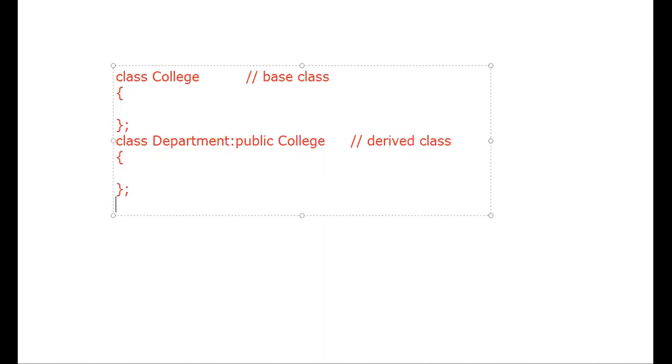And third, which class will we consider as the last child class? Student, from that department. Student is again public department, nothing but the child class.